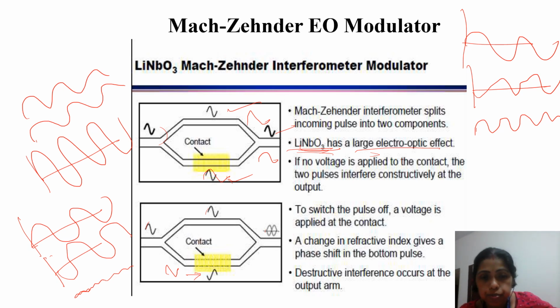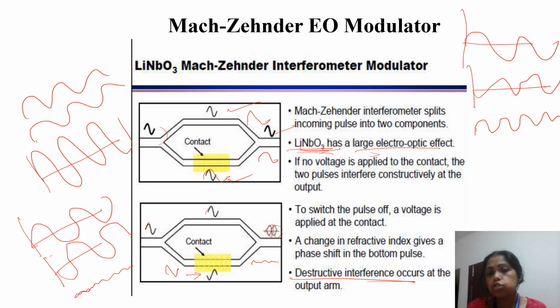This signal and this signal will cancel out. So destructive interference occurs on the other side of the interferometer, and you will get a lower intensity of light, right?